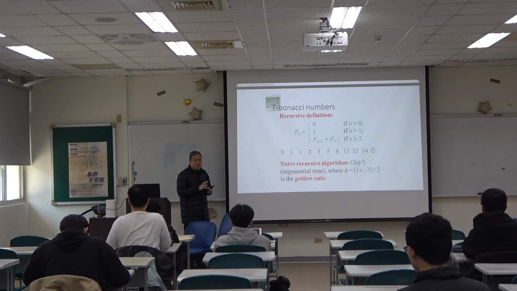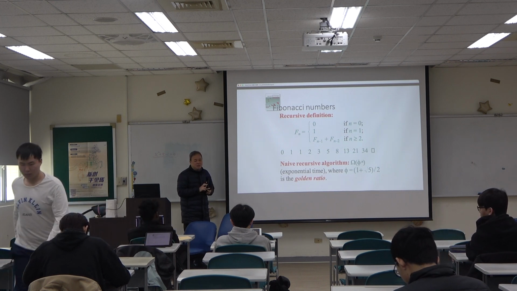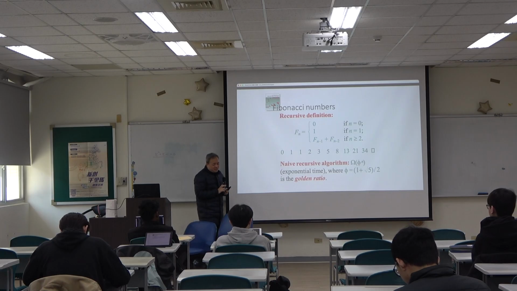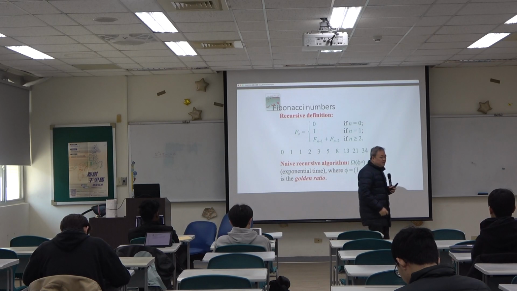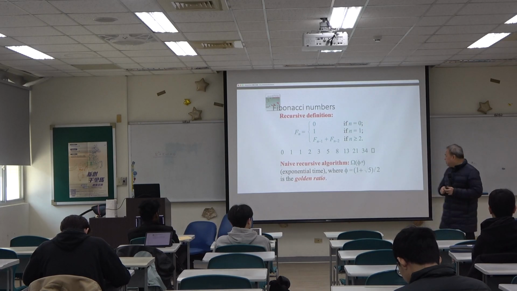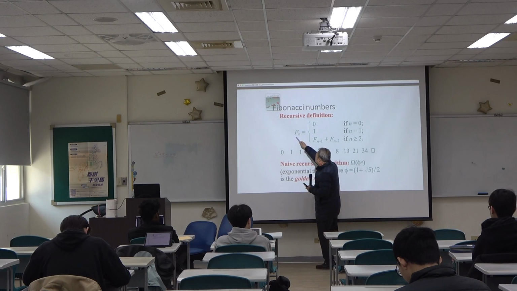Supposedly, if you remember something from your discrete math. If you forget, I'm sorry, I may not have time to go through all the stuff. Basically, it's just this formula.